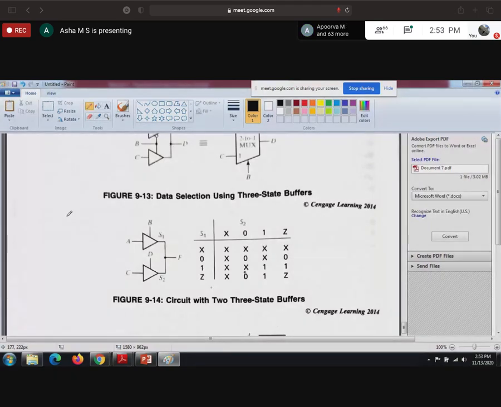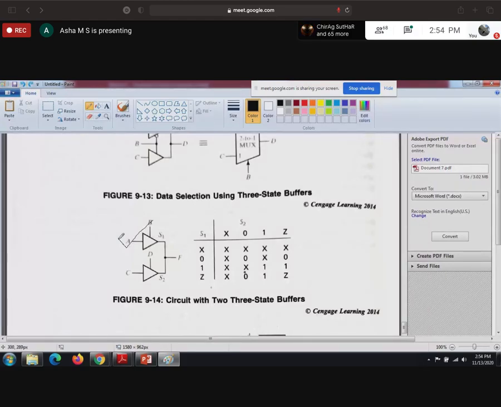So what will happen here now? Now we will be in the conflict mode. Okay, so let's see how it will be conflicted. So now we have connected the outputs of two buffers together. This output is another output. If the first buffer is enabled, F equal to A. Let me write.